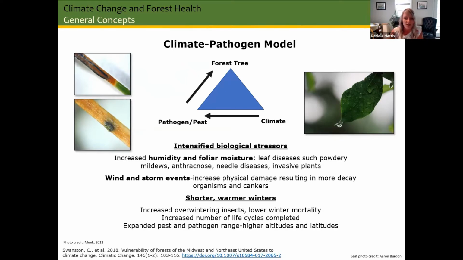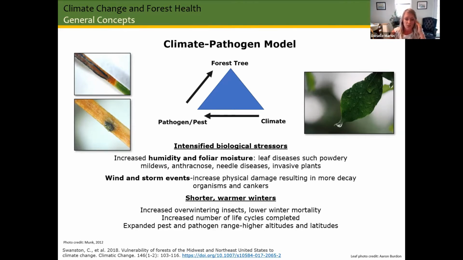However, the pathogen is given an advantage of a more suitable environment. An example of this would be needle blights and foliar diseases. Increased humidity and warm temperatures stimulate sporulation and colonization, creating a buildup of populations. Warm, wet summers over several years can increase disease incidence and severity, leading to decline and possible mortality.